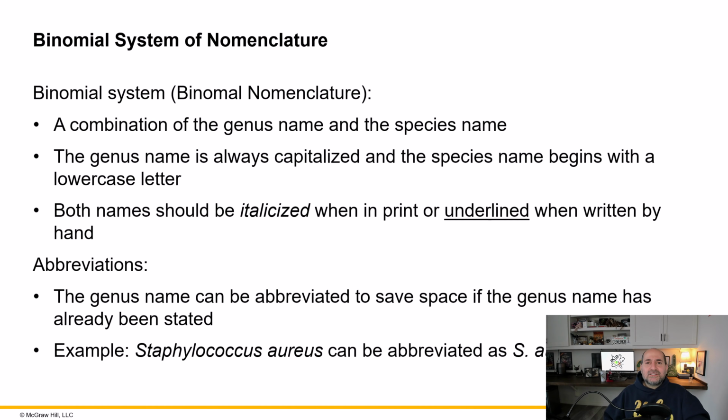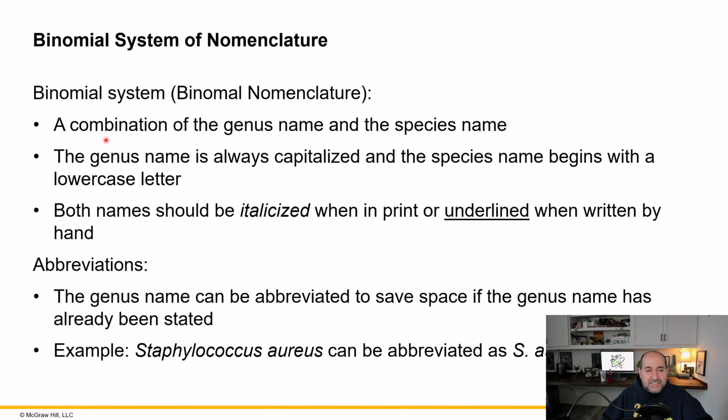Now, why is it a two-word epithet, right? Homo sapiens, right? Why is there two words? Well, those two words are called the binomial nomenclature. Binomial nomenclature. Bi meaning two, nomial meaning name, the two name nomenclature.